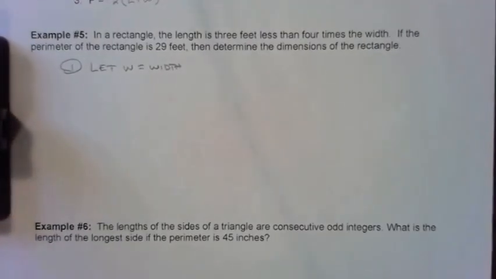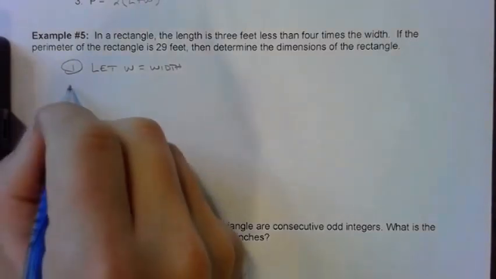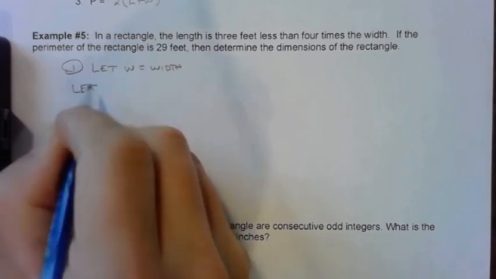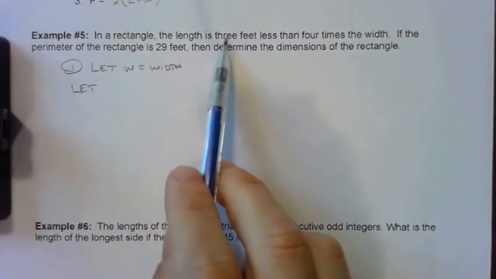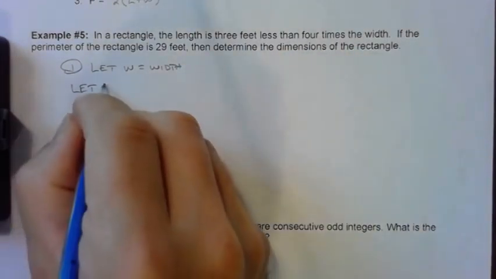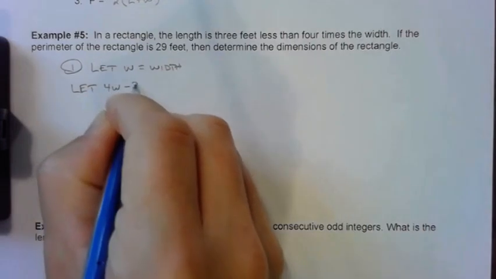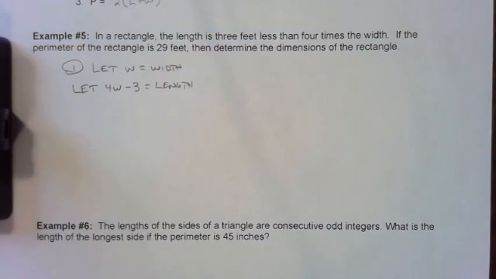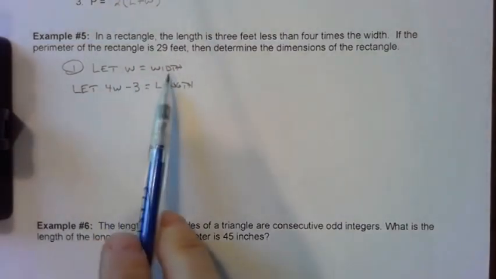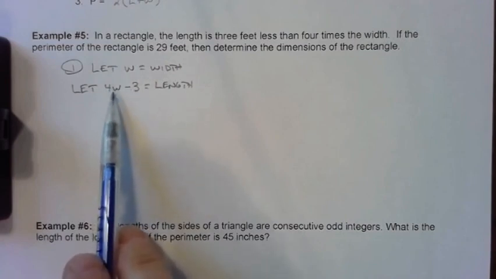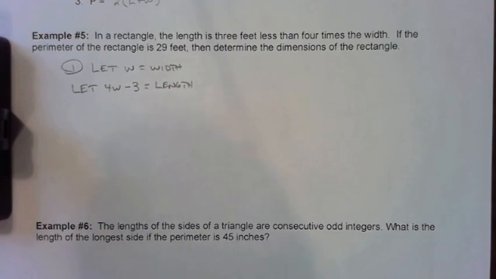Since the length is based off of the width, and the length is 3 feet less than 4 times the width, I'm going to say 4 times the width minus 3 equals the length of the rectangle. So W is the width, and 4W minus 3 has to be the length.